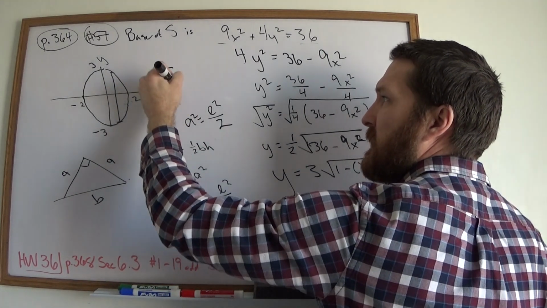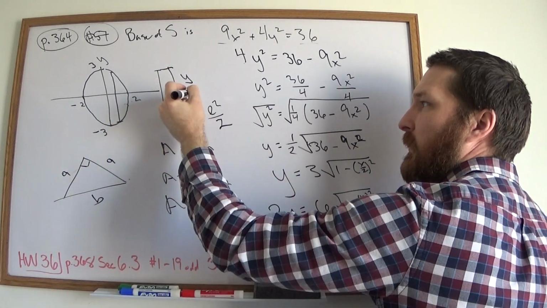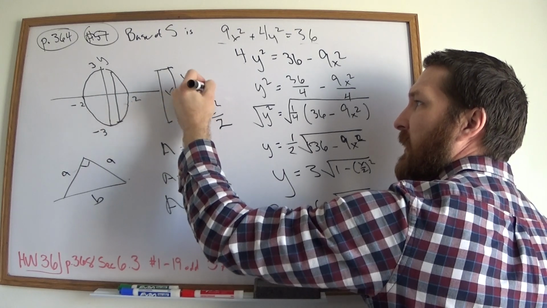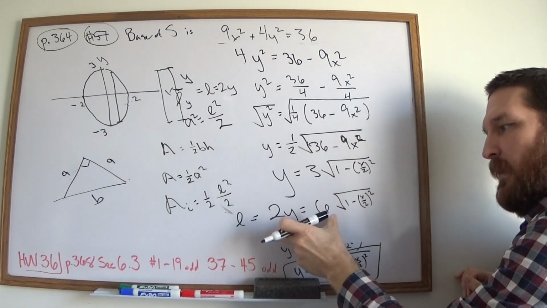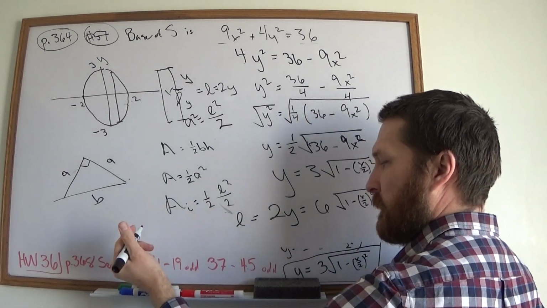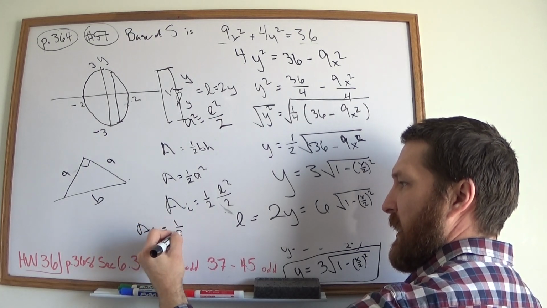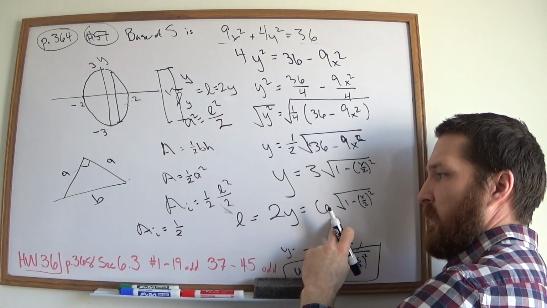I just want to make sure: that's y, so 2 of them is L. If that's y and that's y, then L is 2y. And we have that the ith area is 1/2 L squared.